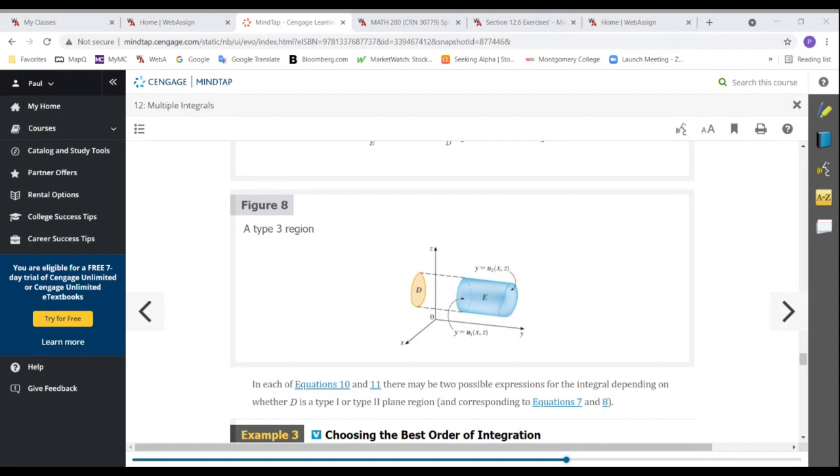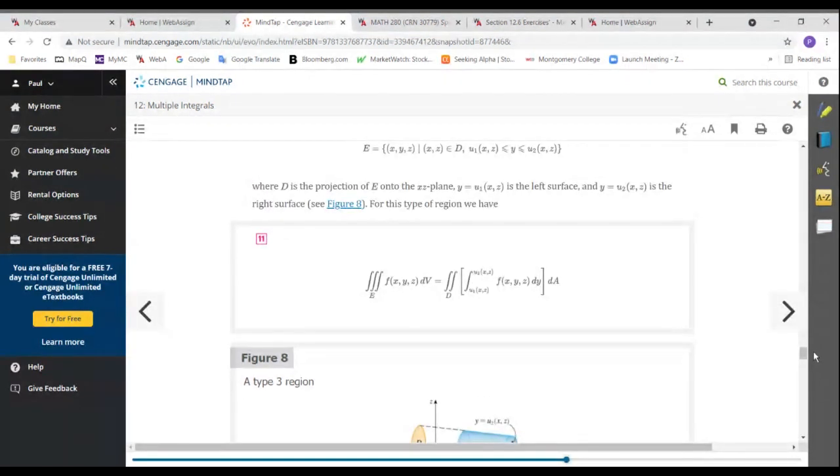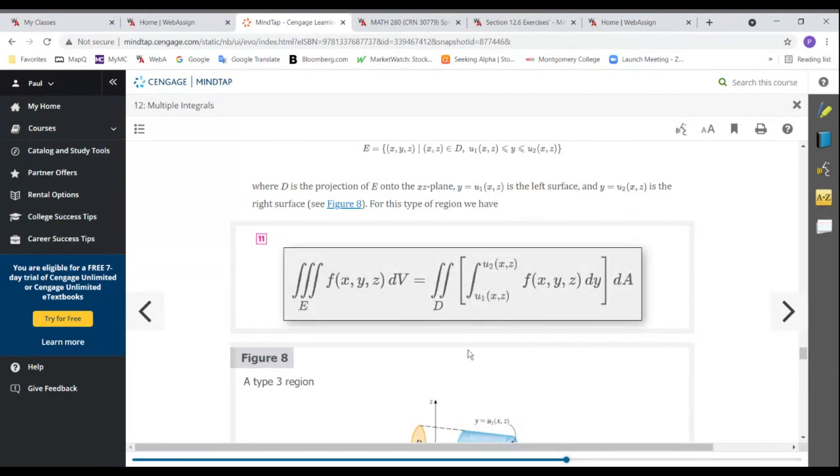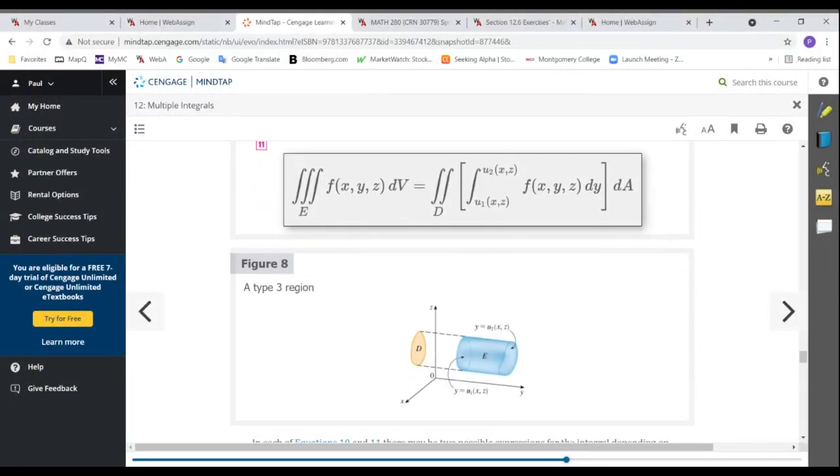And so in that case, okay, hold on. Maybe I can get this a little lower. In that case, type 3 region in figure 8, that's what your triple integral would look like.